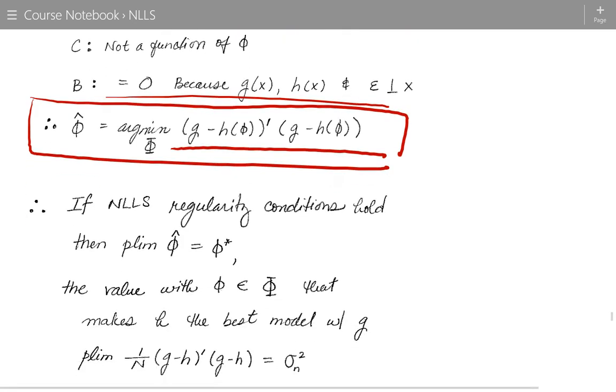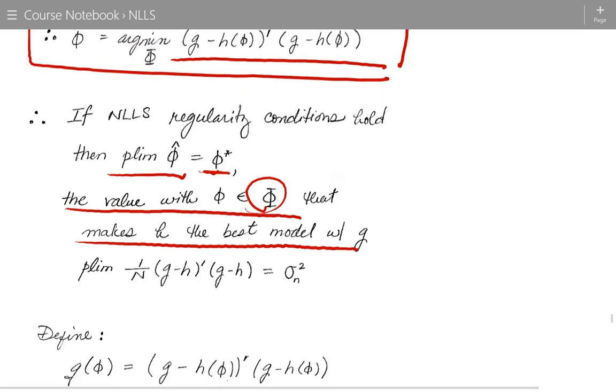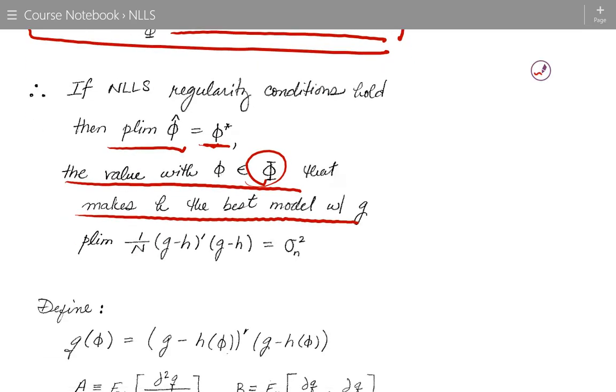So again, if the nonlinear least squares regularity conditions hold, then our p-lim of theta hat is equal to theta star, which is the value within the space of parameters that makes h the best model with respect to g, or the closest model to g.